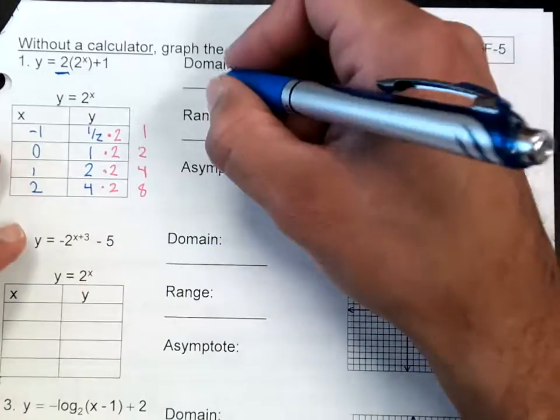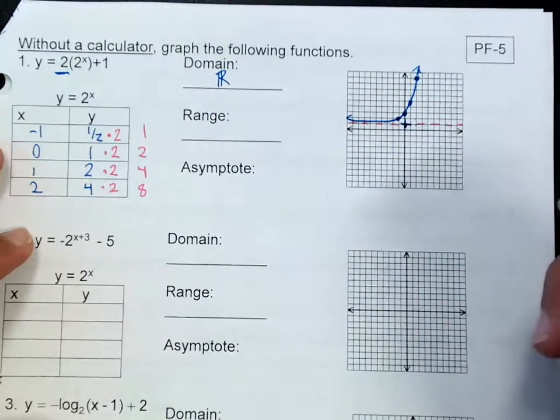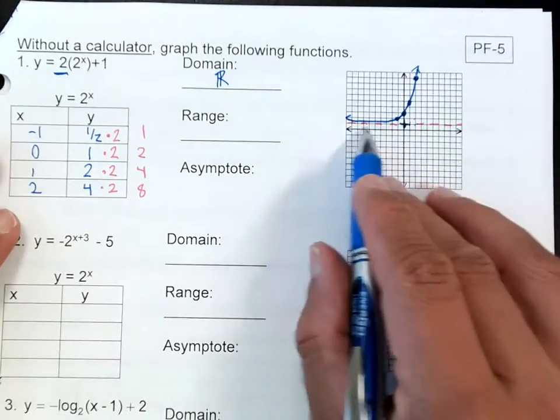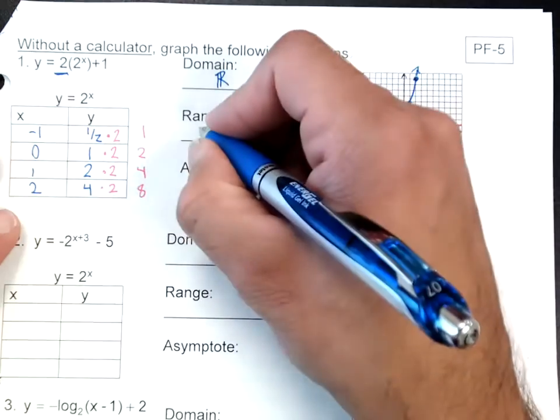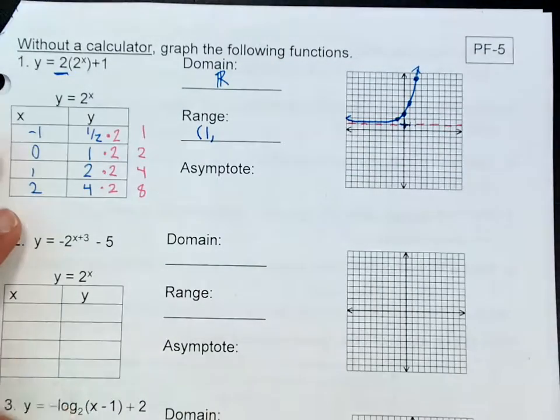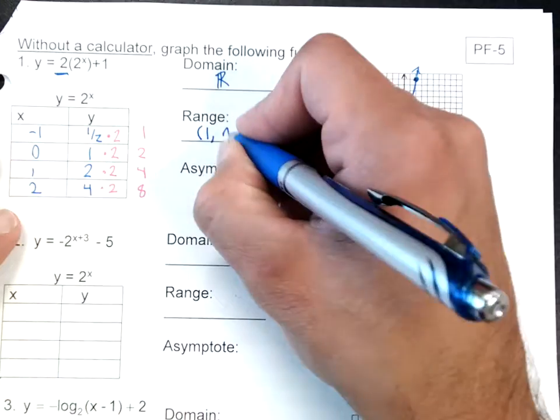Domain for all of these is going to be all real numbers, because it goes to the left and to the right forever. Now the range is the one that's going to be different. What's the lowest point on this? This line right here, which is 1. So we can write 1. It has to be in a parenthesis this time because they have a horizontal asymptote, so 1 to infinity.